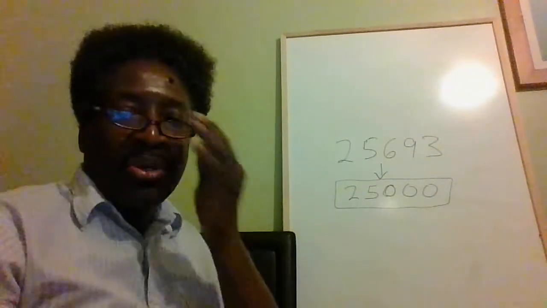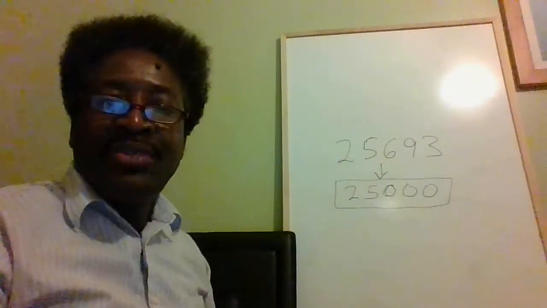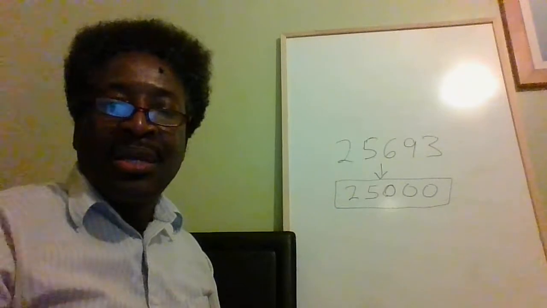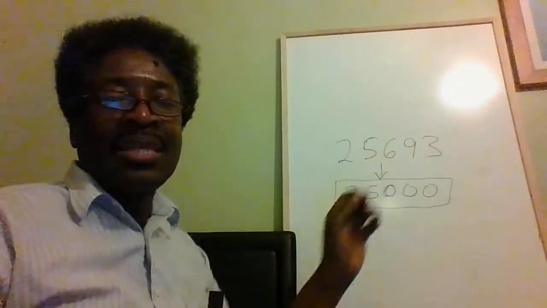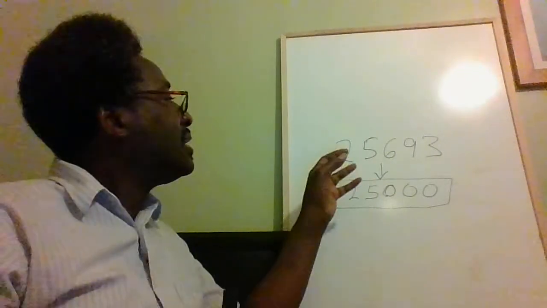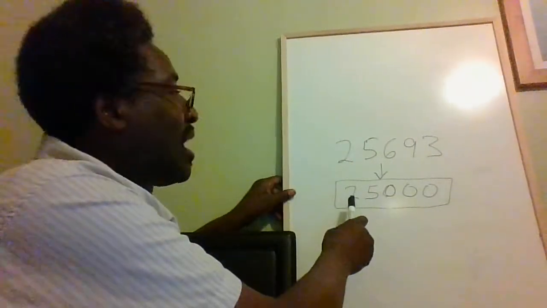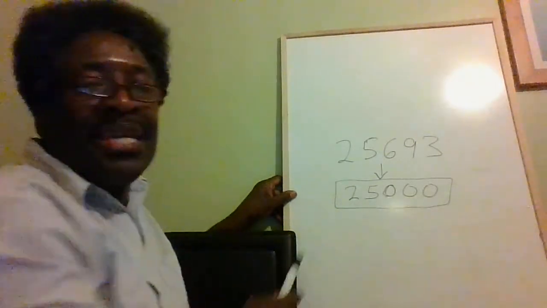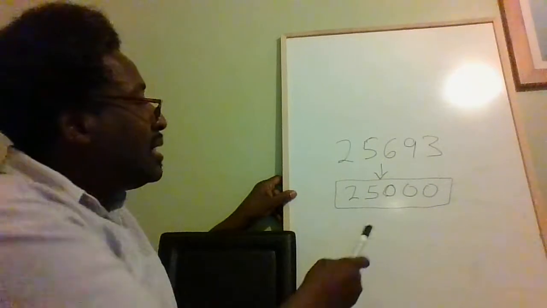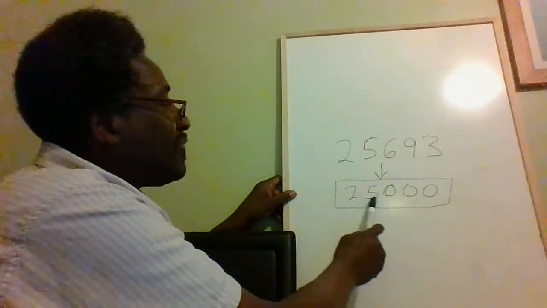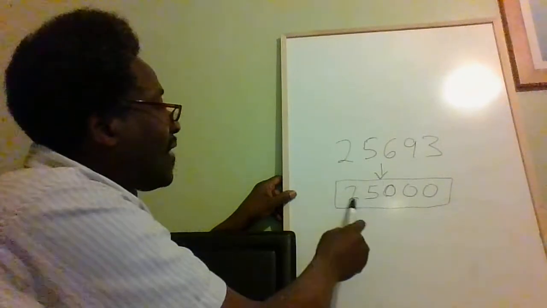That's a starting point. So I repeat again, if you're trying to say a 5-digit number in words, in your head, just imagine the last 3 digits as zeros, keep the first 2 digits, and then you now say this number in words. From previous lessons, it should be clear to you that this is 25,000.